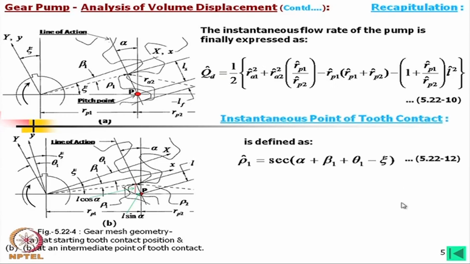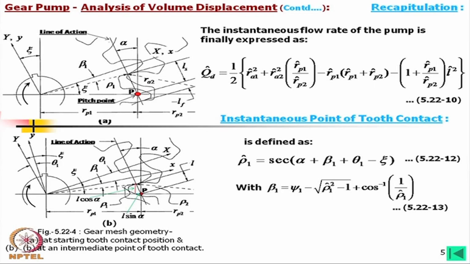Now, what is the instantaneous point of tooth contact? If we define that in terms of the contact radius and angle, then the contact radius is expressed in this form. You can check this geometry and you will find that this is the expression, and then we consider this beta 1 angle which was shown last time.